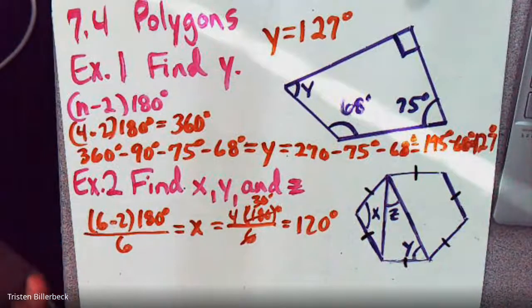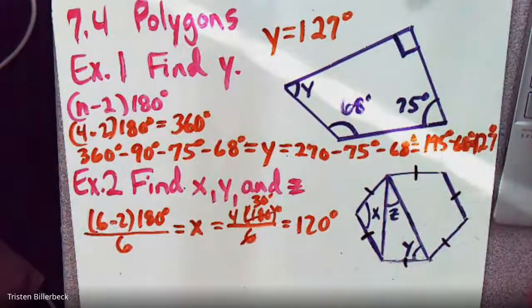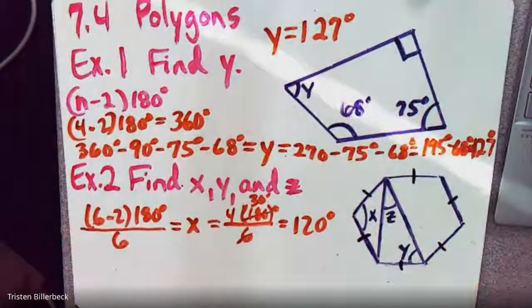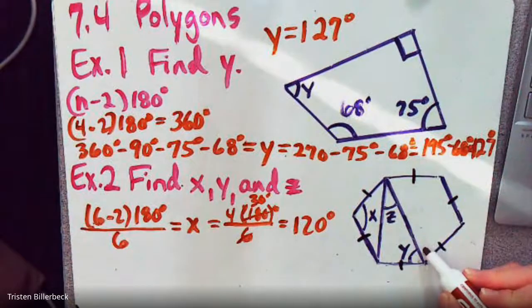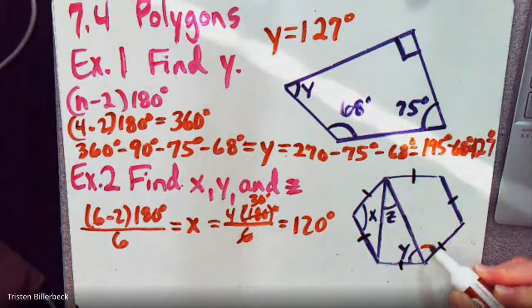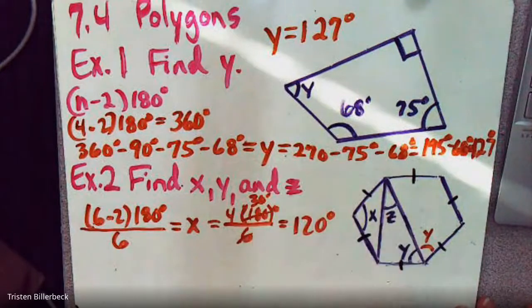All right, so then we need to figure out what these angles here are. So we have y, and we see that this is bisected here, so this is also y. This is half the quadrilateral. This is equal and that's equal.